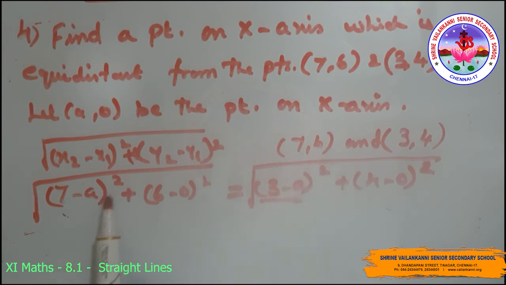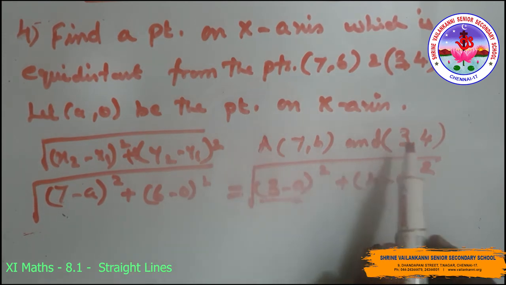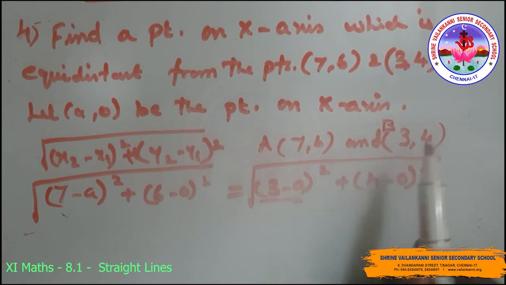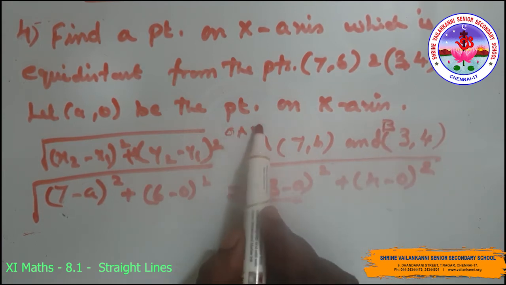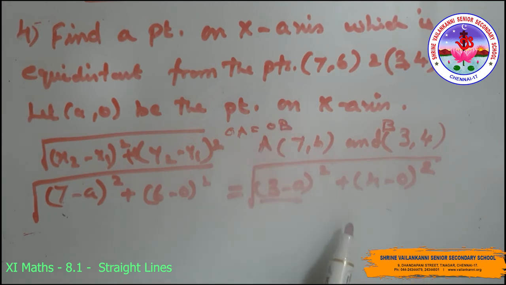Here we can take this point as A and this one is B. So OA equal to OB. So the square root of (7 minus a) whole square plus (6 minus 0) whole square is equal to the square root of (3 minus a) whole square plus (4 minus 0) whole square.